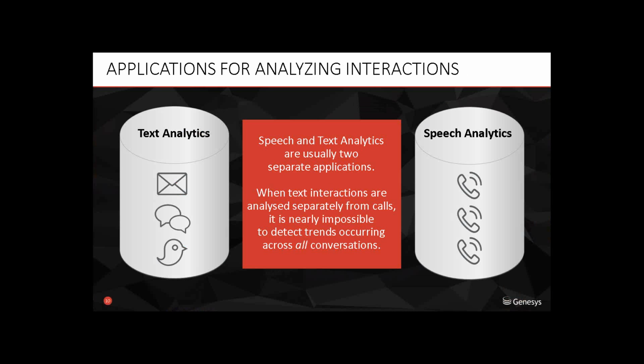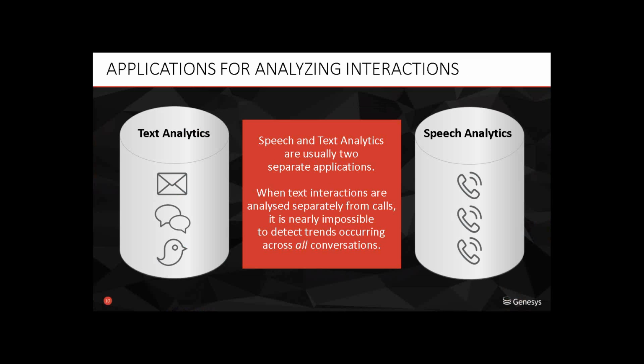So in terms of the first key capability I mentioned there, usually speech analytics and text analytics are two separate and distinct applications. Unfortunately, when text interactions such as chat sessions or emails are analyzed separately from calls, it's nearly impossible to detect trends that are occurring across all conversations.